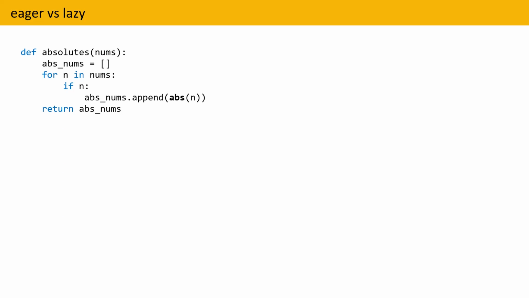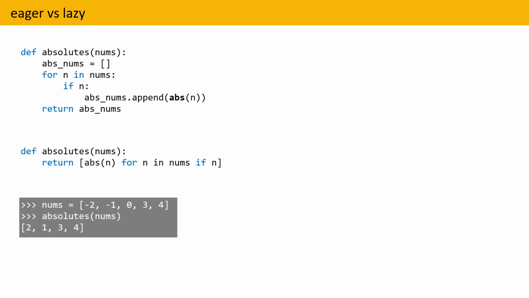This could be written much shorter using a list comprehension. Here is the implementation. If we run either of the two implementations for a list of numbers, we get the expected result. Zeros have been removed and all numbers are positive.